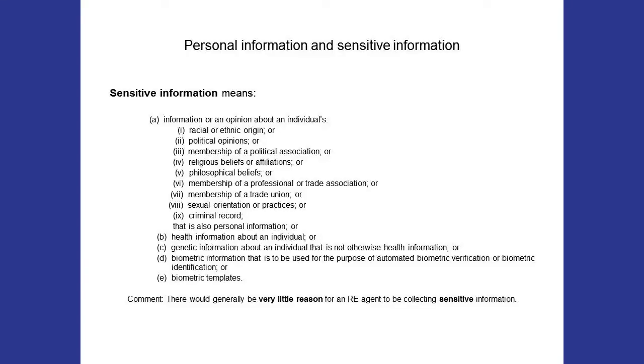The Act differentiates between personal and sensitive information. So sensitive information means information or opinion about an individual's race or ethnic origin, their political opinions, membership of political associations, religious beliefs or affiliations, philosophical beliefs, membership of professional or trade associations, membership of a trade union, their sexual orientation or practice, criminal record, health information, genetic information, biometric information, and so on.